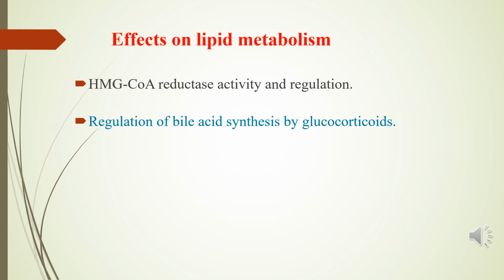Also, bile acid synthesis is regulated at cytochrome B7A1, which is a rate limiting step, and this is enhanced by cholesterol and regulated by thyroid hormone and glucocorticoids. And this will also be discussed in detail later.